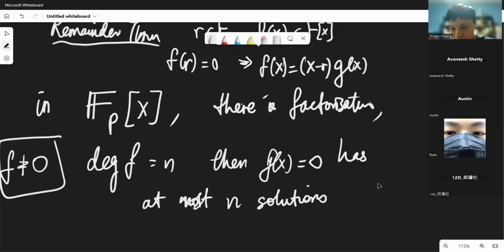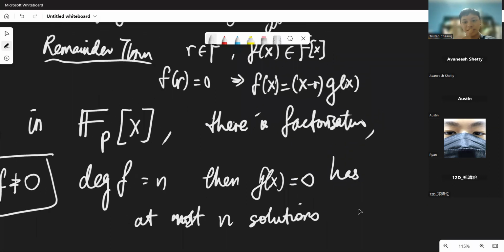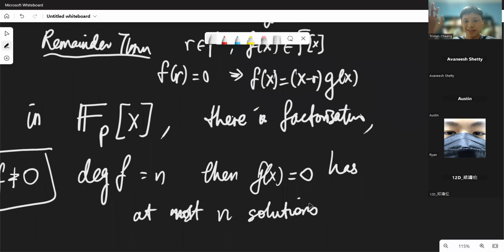Okay, someone said x minus r1, x minus r2. Yeah, so you consider the factors x minus r. If there's one root, r, that means you can factor an x minus r out, right? If you keep looking at this equation, if there's a root r, I can factor x minus r out.